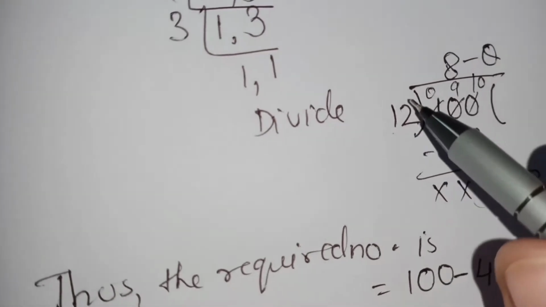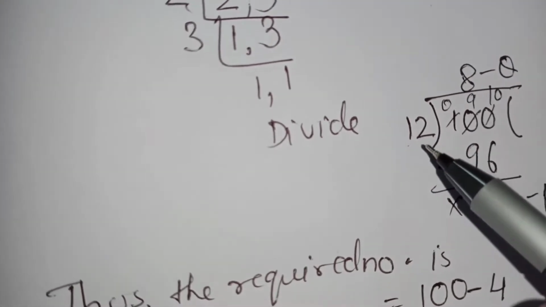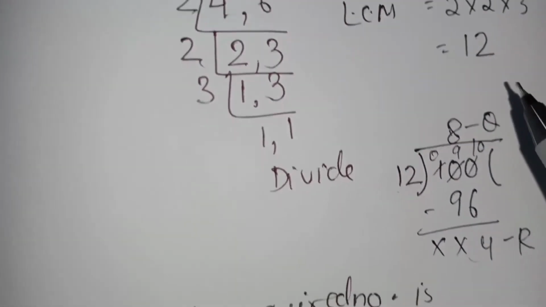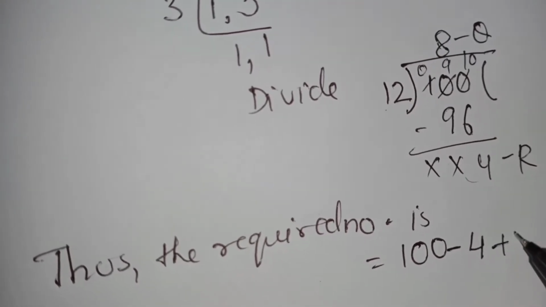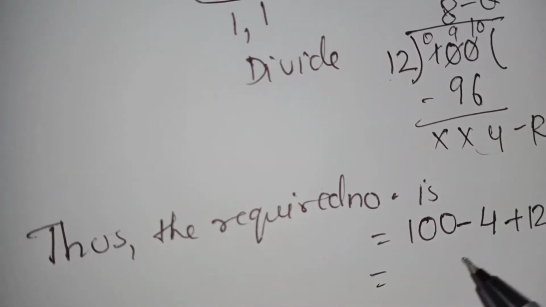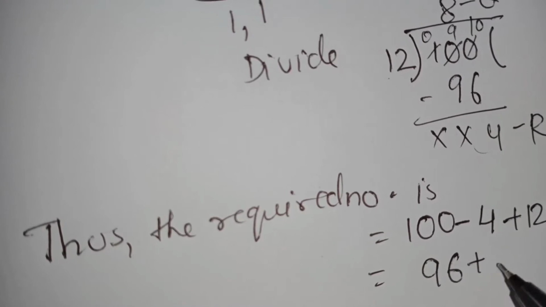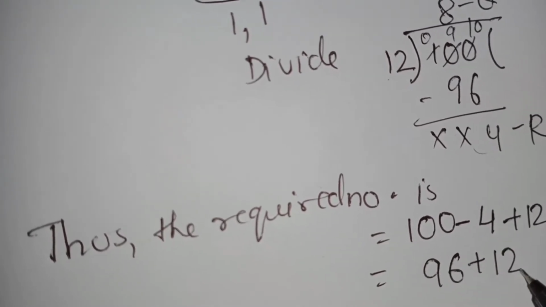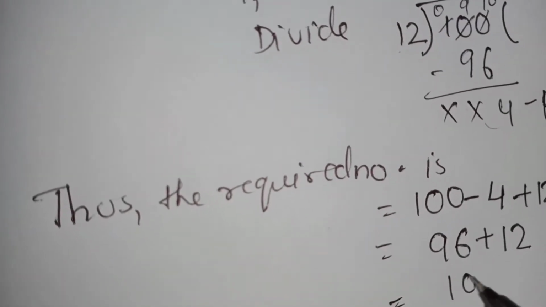And then you add the divisor, which is the LCM we have found. So 100 minus 4 is 96, plus 12. How much do we get? 108.